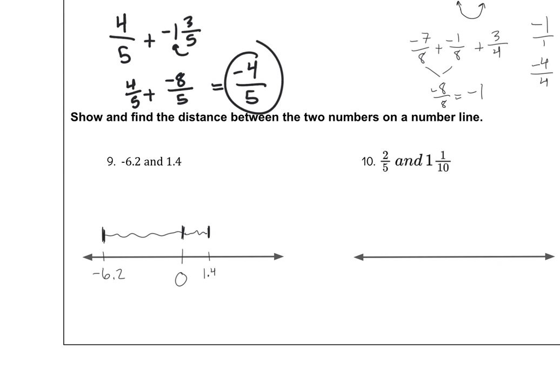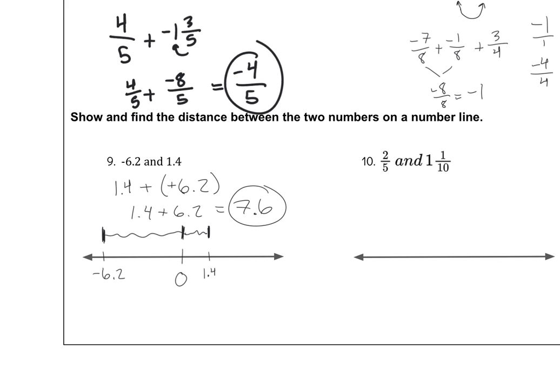So I'm going to start with my greatest number right now, which is positive 1.4. I'm going to subtract my opposite number, which is -6.2, and then I can see that I have subtract negative, so we're going to add positive. 1.4 plus 6.2 is going to end up being 7.6.